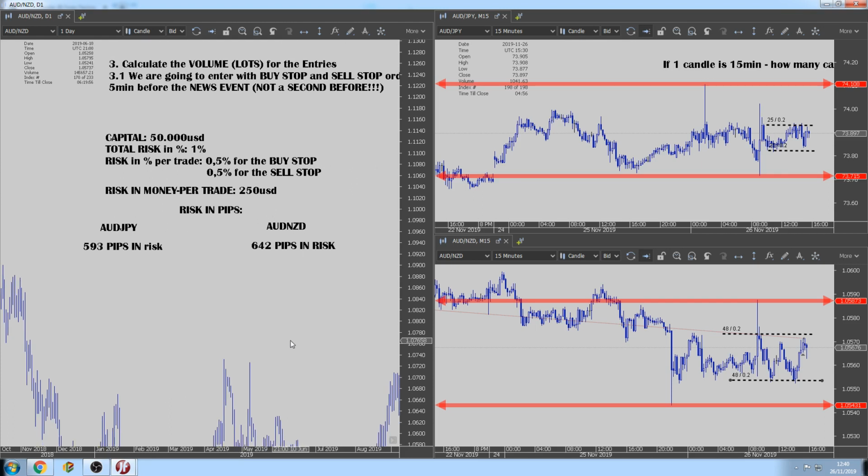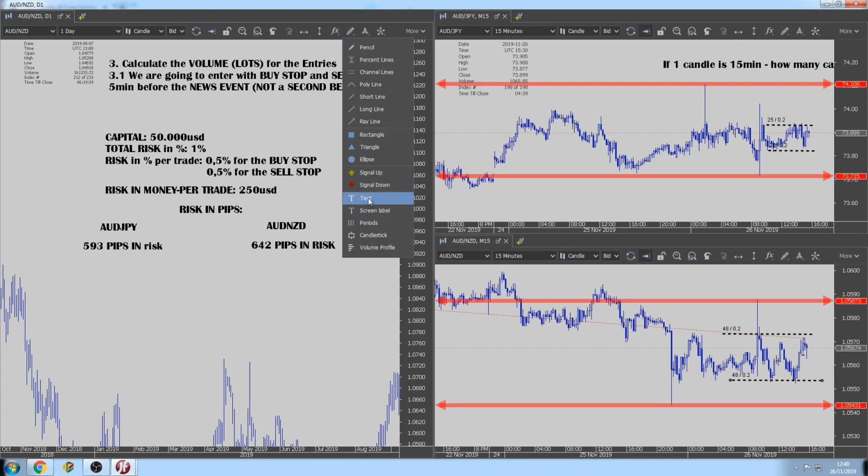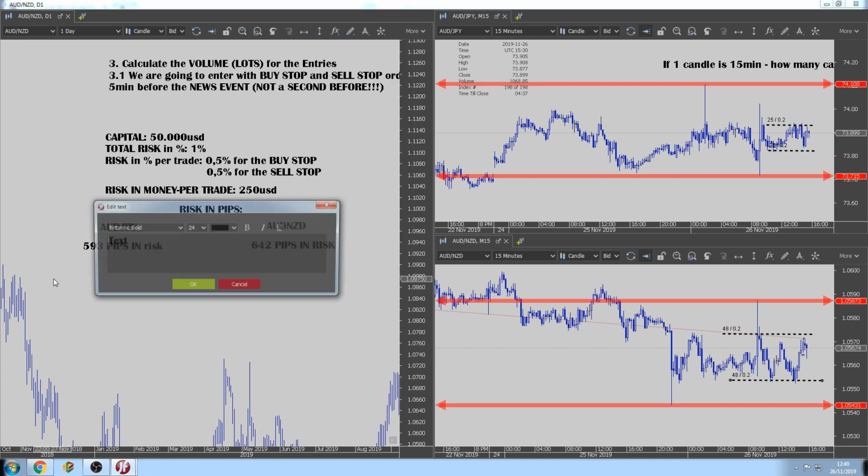Okay, everybody. Capital, I want to risk 1%, I want to risk 0.5% for the buy stop and sell stop. Risk in money per trade 250, so I have those two. Okay, now, it's your decision, there are no rules.